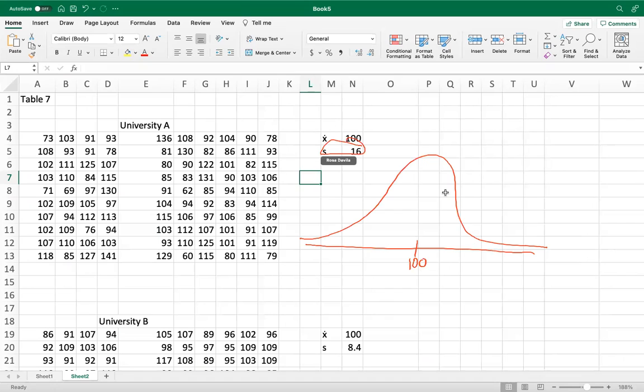Remember, 16 is our standard deviation. 100 minus 16 is 84. 84 minus 16 is 68. And 1 more standard deviation is going to be 52. And now to go on the opposite side, we'll keep adding 16.